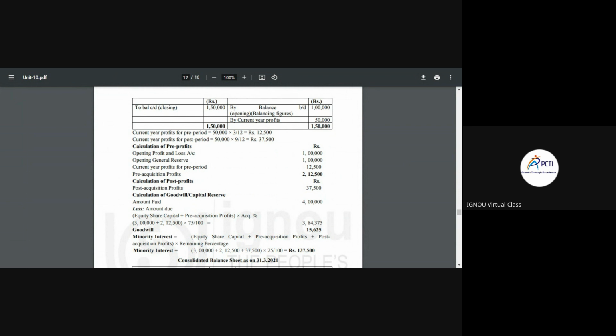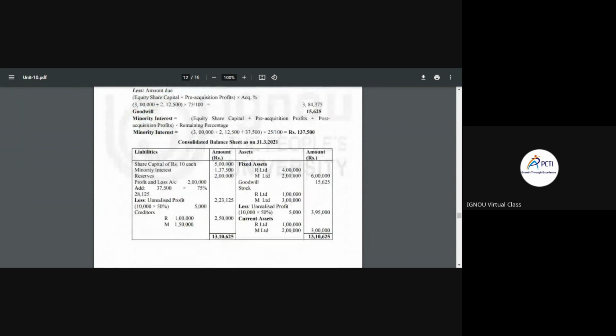Then we calculate the post-acquisition profit, and in that case we have goodwill of rupees 15,625. Then we calculate minority interest, and the minority interest will be 1,37,500.